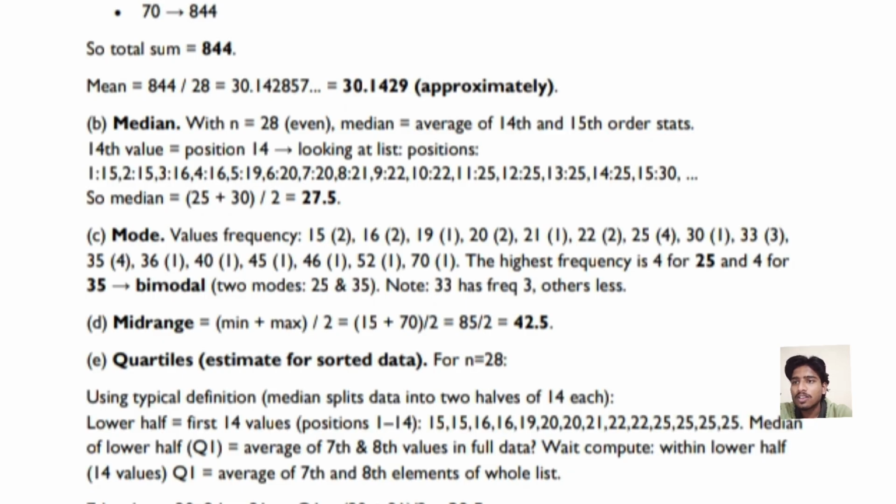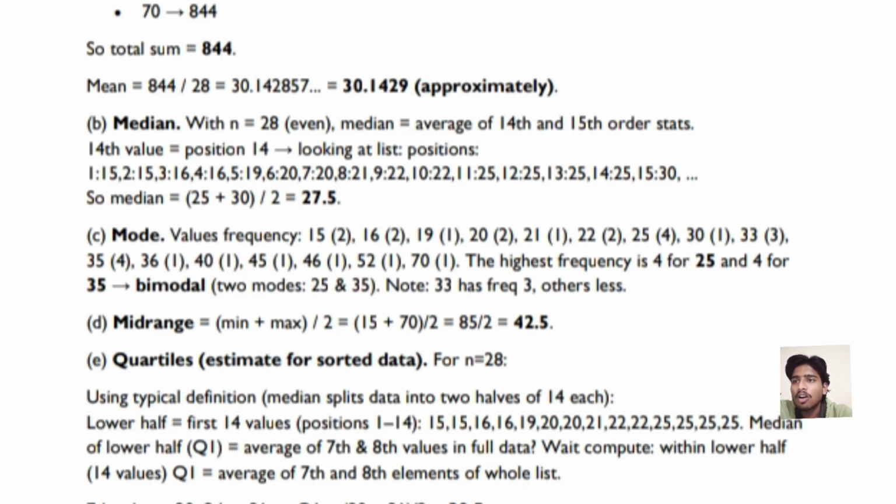So we take 25 and 30, because 25 is the 14th value and 30 is the 15th value. The sum of these values divided by 2 gives the median. So the median is 27.5.